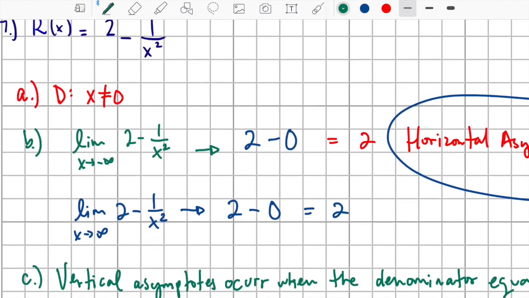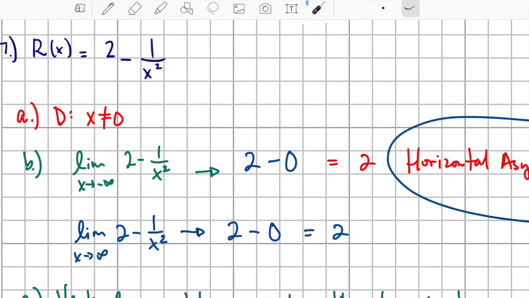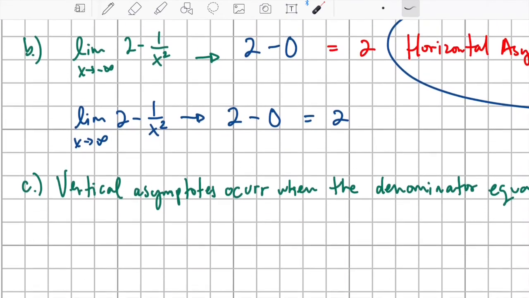And earlier, when we did the domain, we noticed that the denominator is equal to 0 when x is 0. That tells me that that's going to be a vertical asymptote.